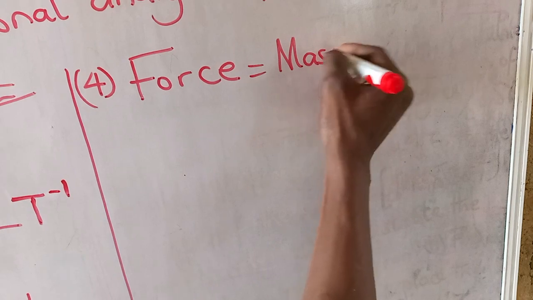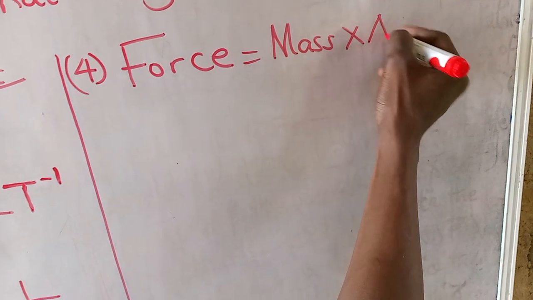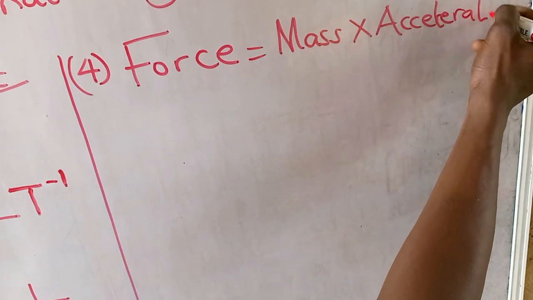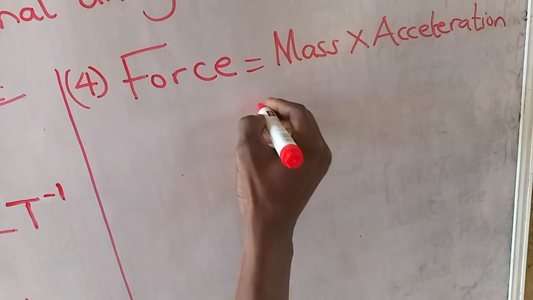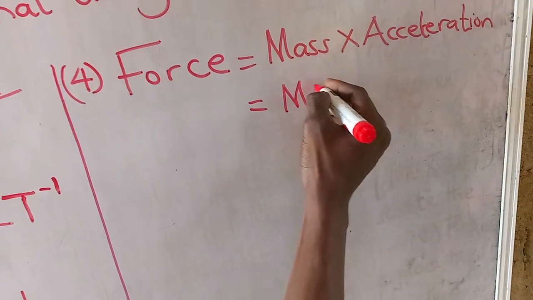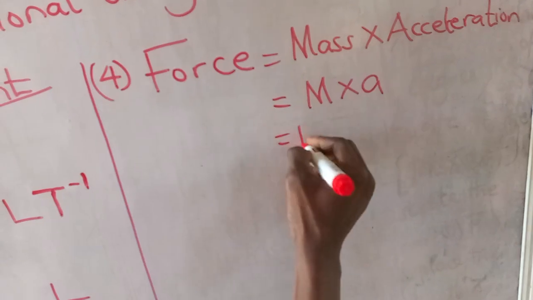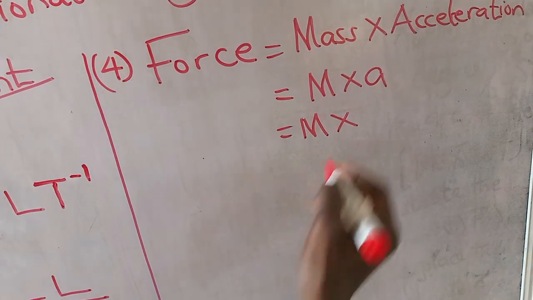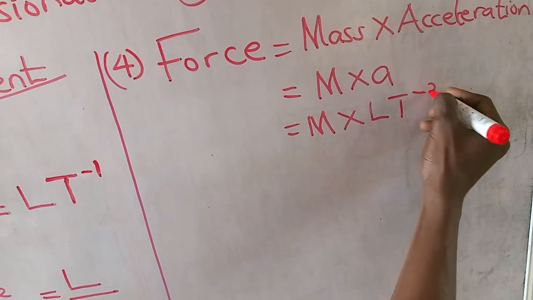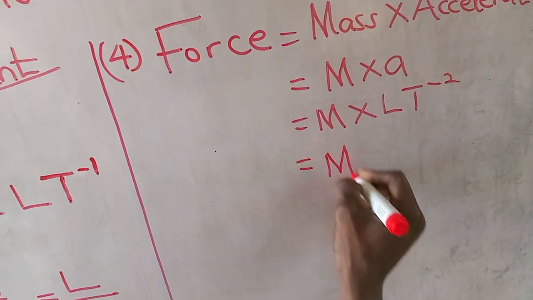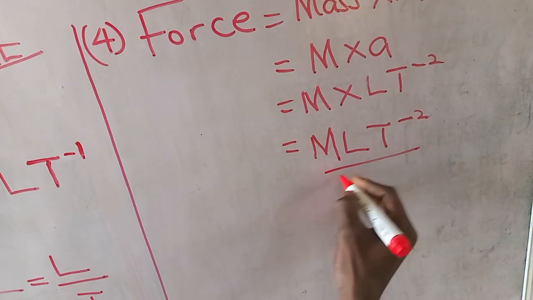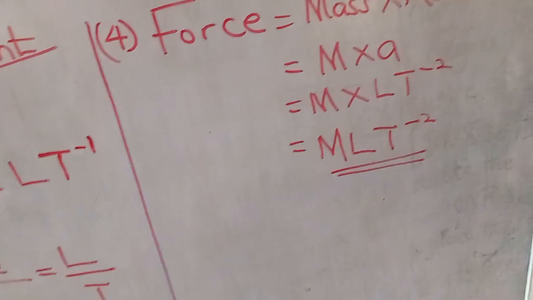That's mass multiplied by acceleration, that's m times a. Then we have gotten the dimensionality of acceleration the other time. That's LT raised to power minus 2. So that will be MLT raised to power minus 2. That's the dimensionality of force. That's the one for force.